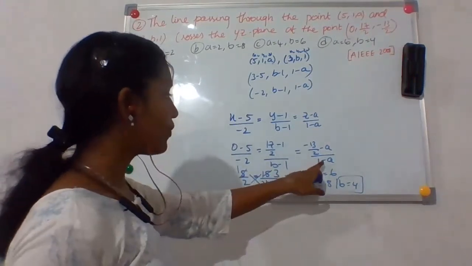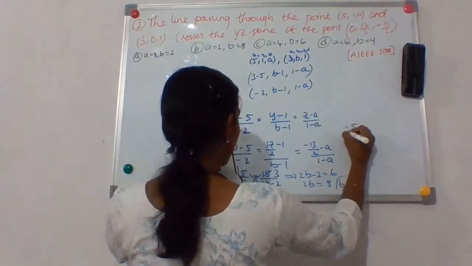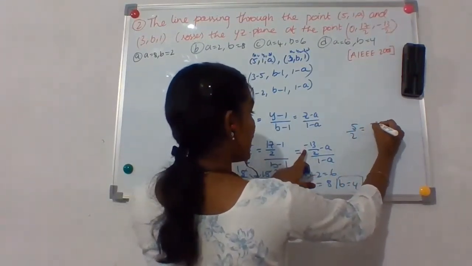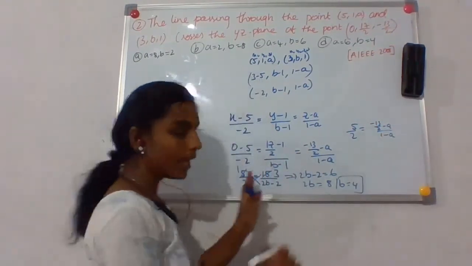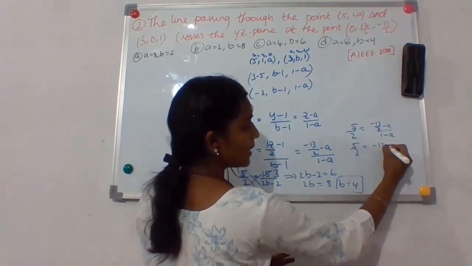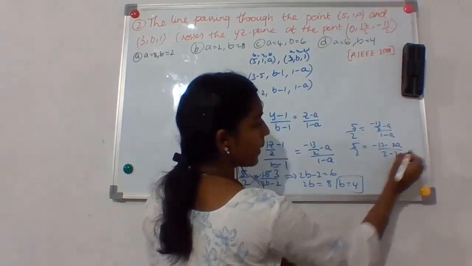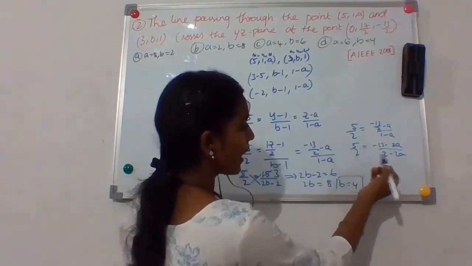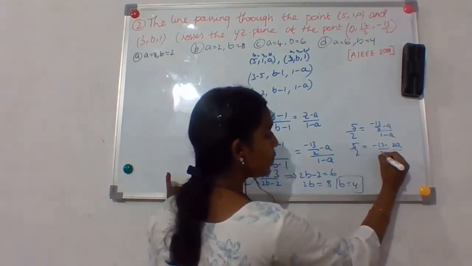And now I have to find the value of a, right? So minus 5, okay, 5 by 2 is equal to minus 13 by 2 minus a by 1 minus a. Okay, so 5 by 2 is equal to minus 13 minus 2a by 2 minus 2a. Now I have to cross multiply. And here I can also write this as 2 into 1 minus a, right?